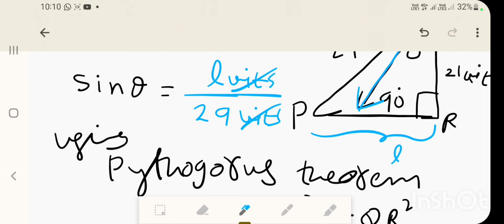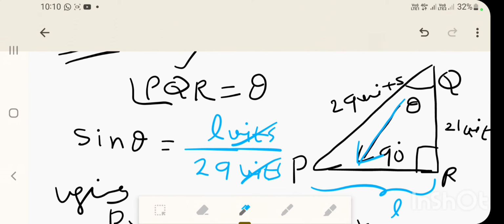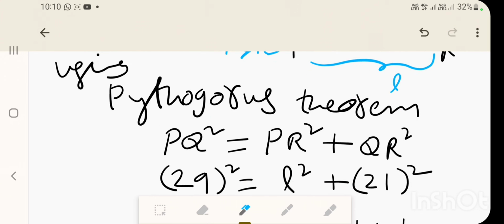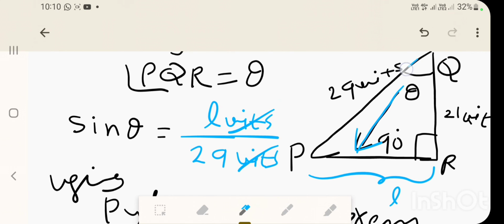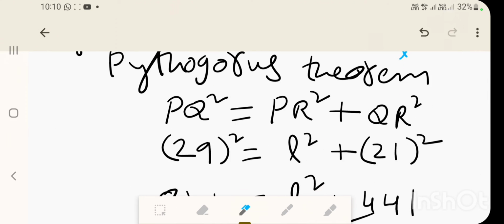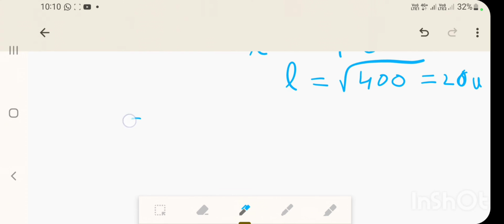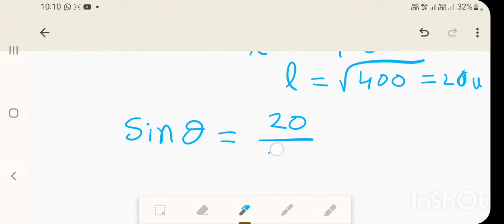Now we have to find sin theta and cos theta, and we already have the hypotenuse length, that is 29, and we have the definition of sin theta. The length of the opposite side to angle theta is 20 units divided by the length of the hypotenuse, 29 units. The units will get cancelled.